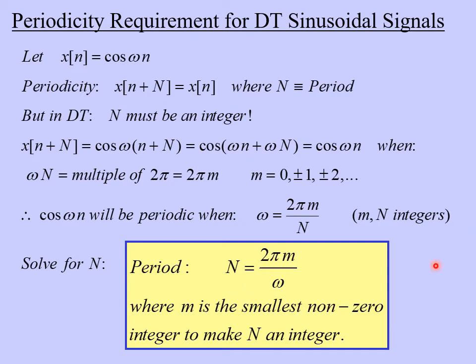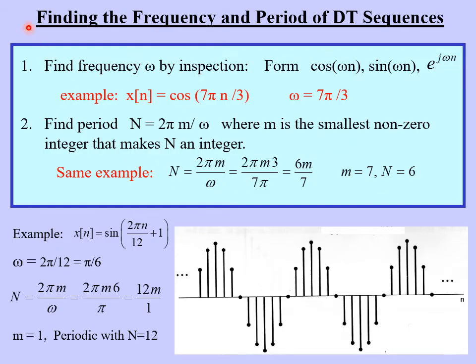So let's look at some examples. We're going to show how to find the frequency and period of a discrete time sequence. Finding the frequency omega is pretty straightforward by inspection. If we have cosine of omega n, the frequency is just that number, omega. If we have sine of omega n, again, we use whatever's in front of the n.